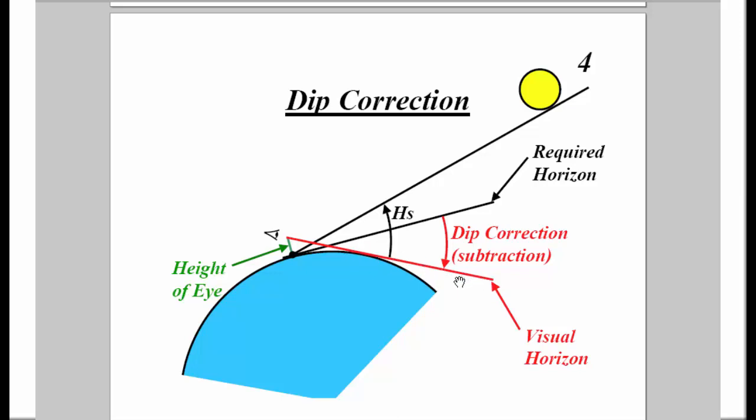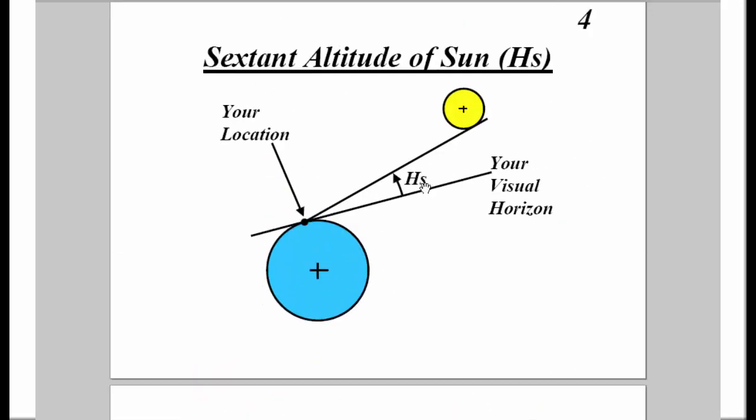Okay? And you can see that if you shoot the sun from this horizon, that HS is going to be larger than the required HS. So you see here that going from this visual horizon up to this line to the sun is the HS that you actually took with your sextant. But this is the sextant altitude that you want to get right here.